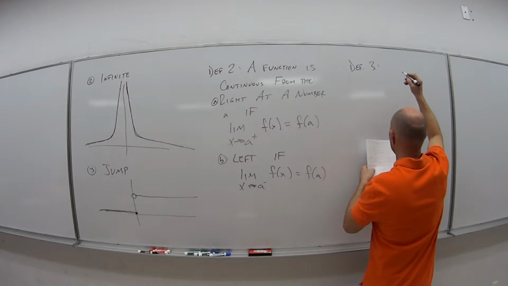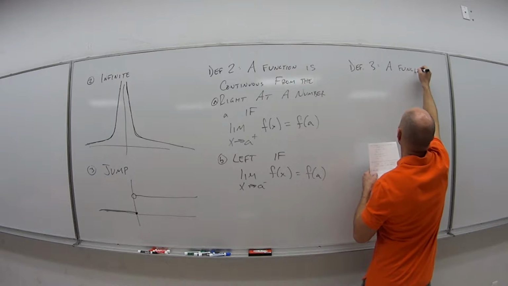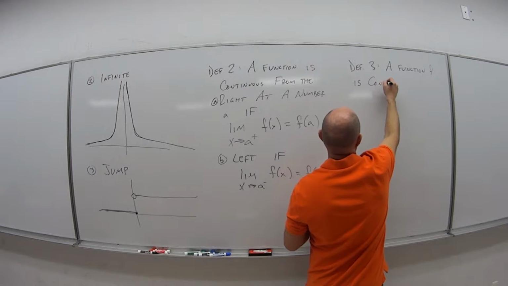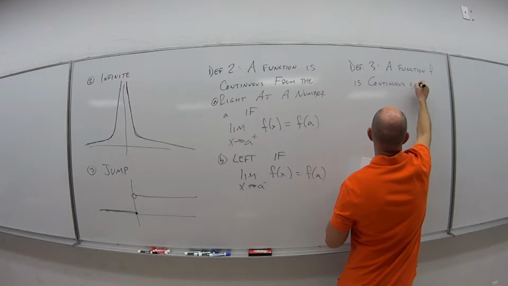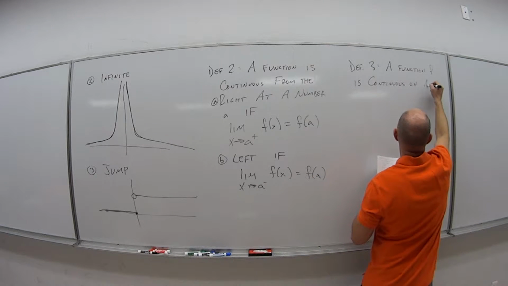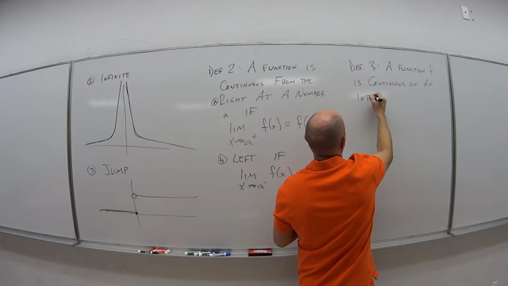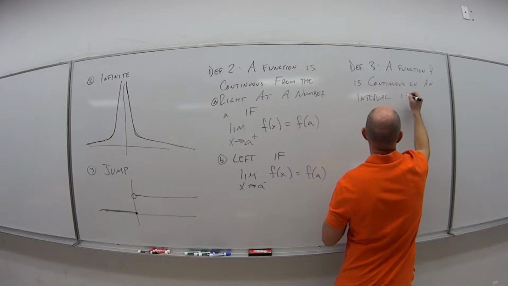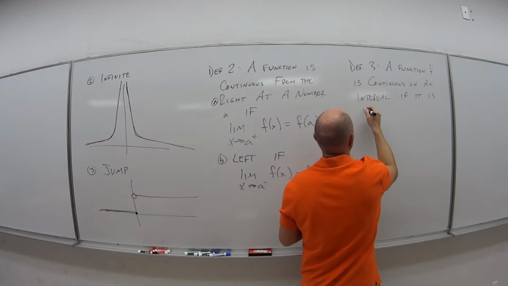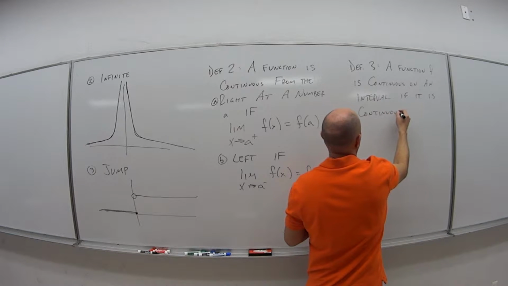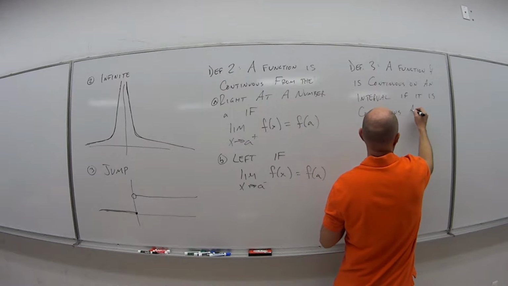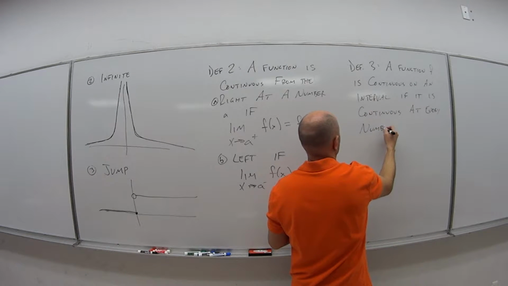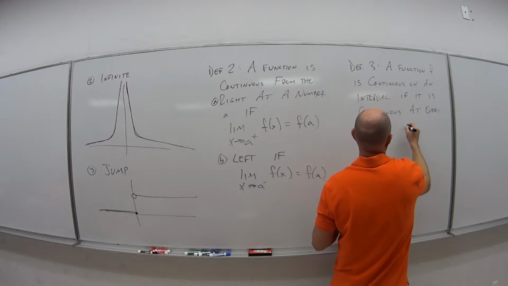So for definition 3, we have that a function f is continuous on an interval if it is continuous at every number in the interval.